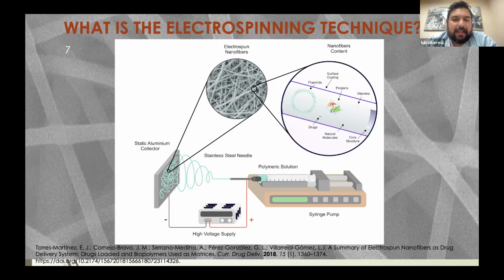When you create the electric force, the polymeric drop is attracted to the metallic collector. So a fiber is created and the solvent is evaporated. At the end, you will have a solidification of the polymers and it will be collected randomly. As you can see at the background of this slide, you can see the collected fibers randomly.